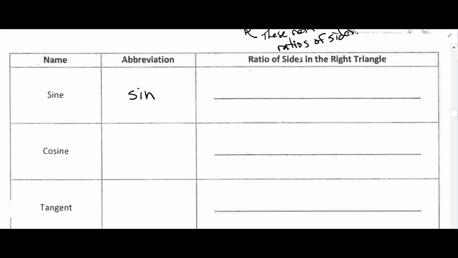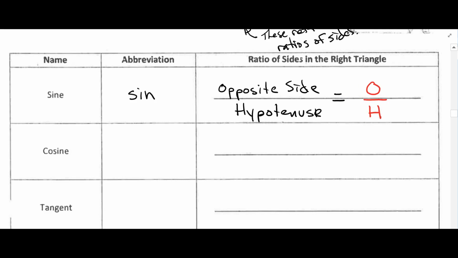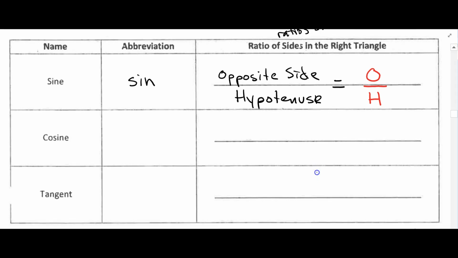The ratio of the sides in the right triangle that they decided to call sine was the ratio of the opposite side to the hypotenuse. Normally we'll write O for opposite over H for hypotenuse. All right, so that's number 1.